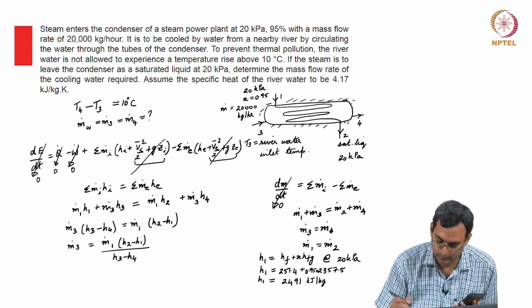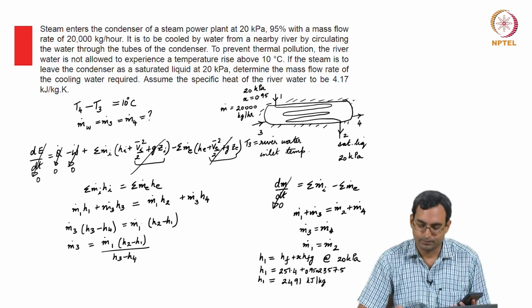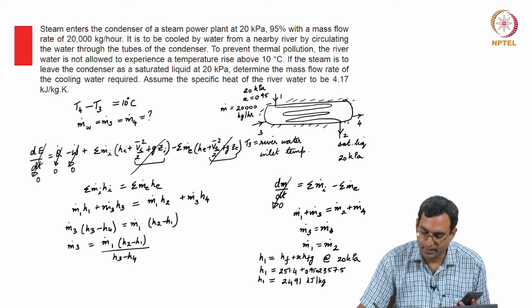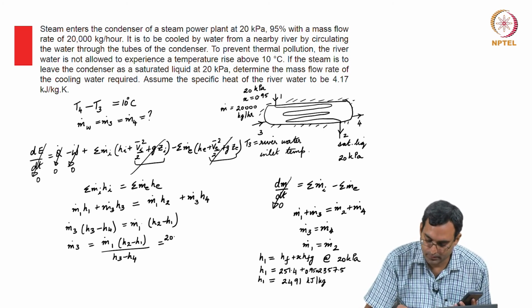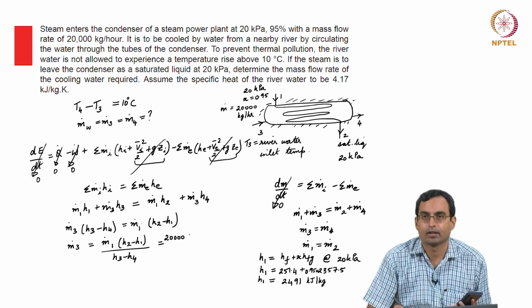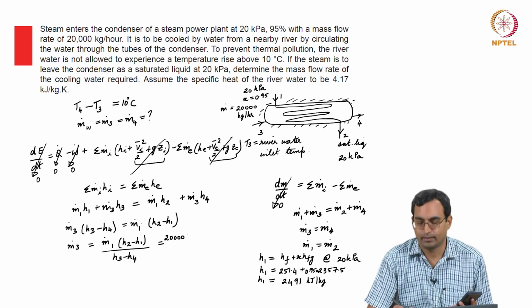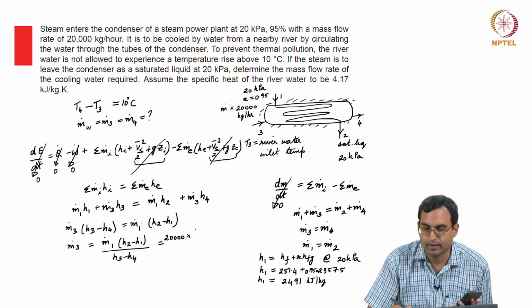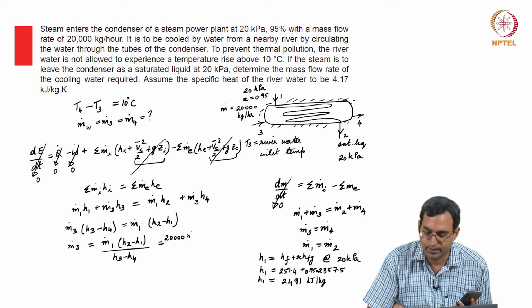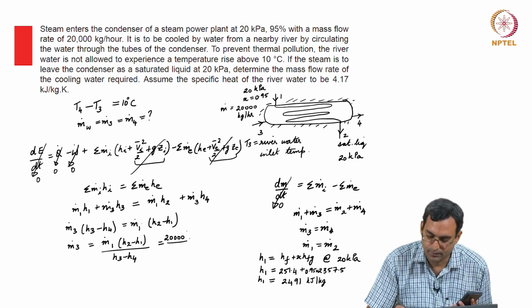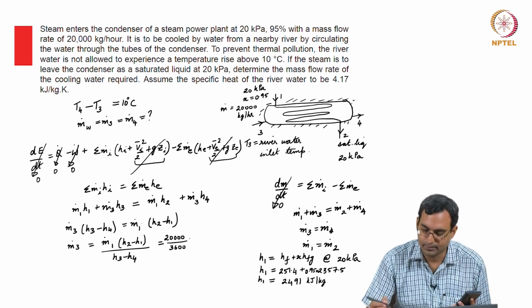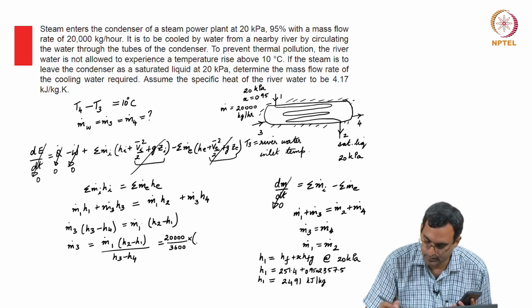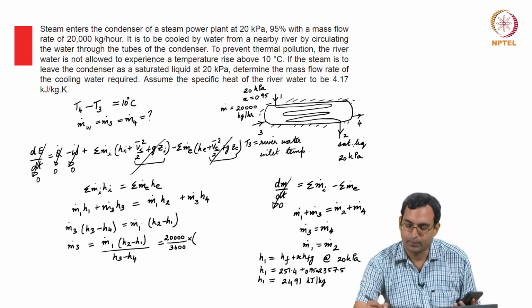So, this is what we have. We have m dot 1 is 20,000 kg per hour. So, I am going to convert this into kg per second. There are 3,600 seconds in an hour, so if it is this much kg in an hour, it would be this much divided by this much kg per second. h 2 is saturated liquid at 20 kilopascal.